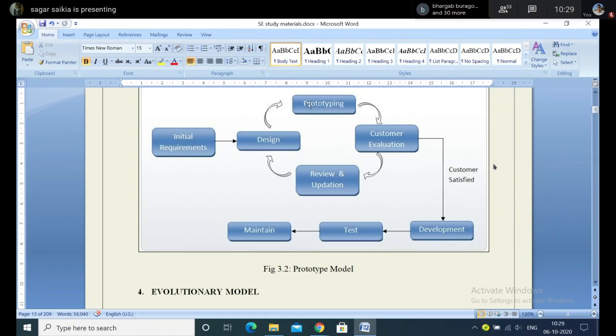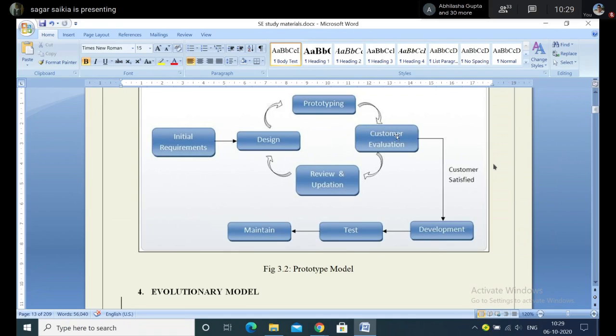We first build a prototype, a particular model. Then we discuss it with the client, whether this is good, whether they are happy, or whether we can move forward with the development. If the client is happy, we can proceed to development.